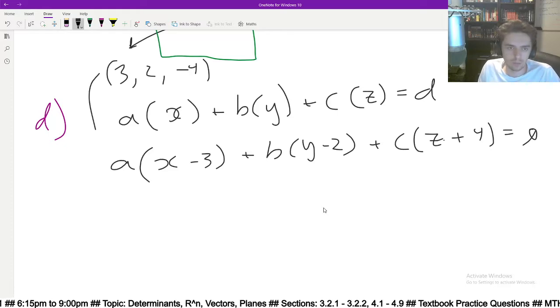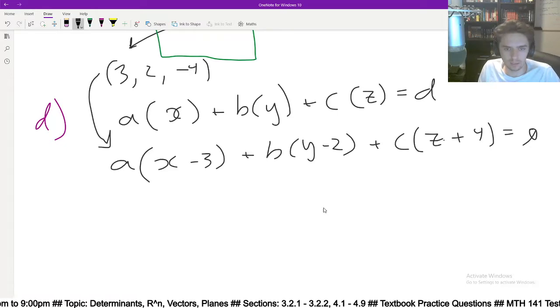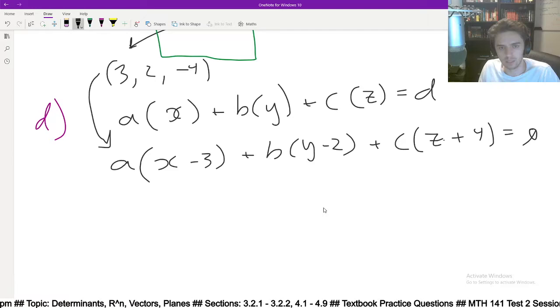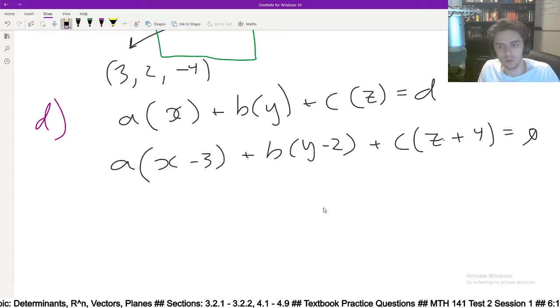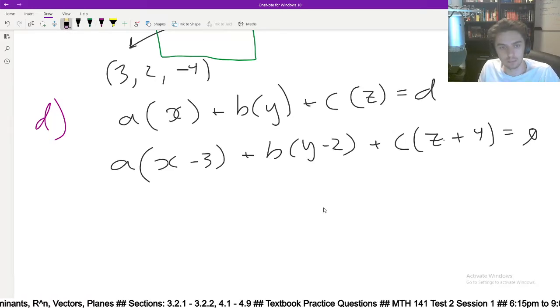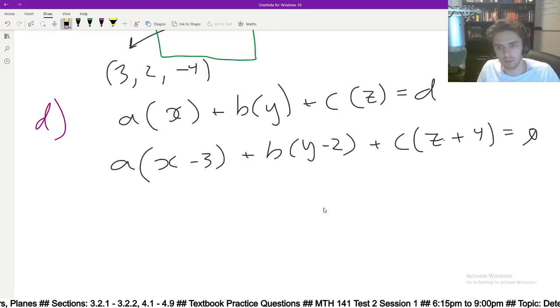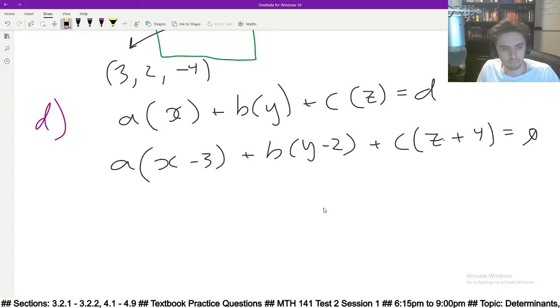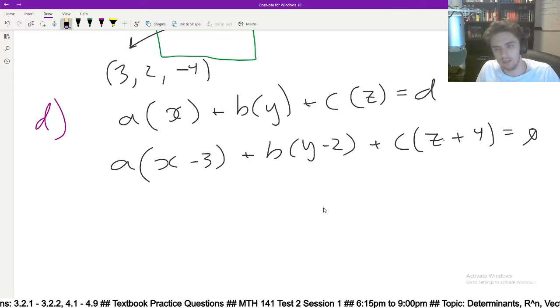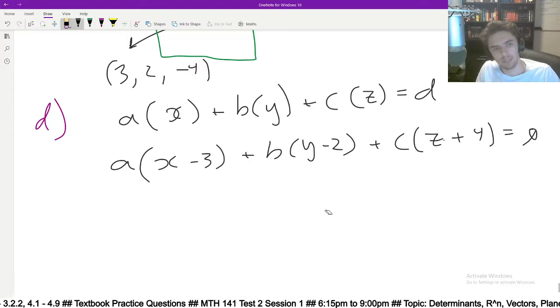Because, well, plug the point in and it'll all go to 0. So we know this is true of this plane, because the plane has to go through that point. Now I've created a plane with normal (a, b, c) that has that point in it.